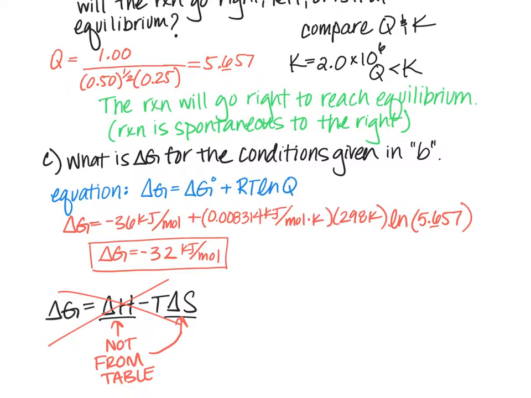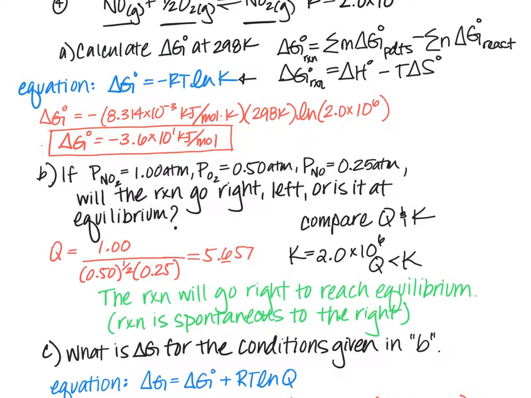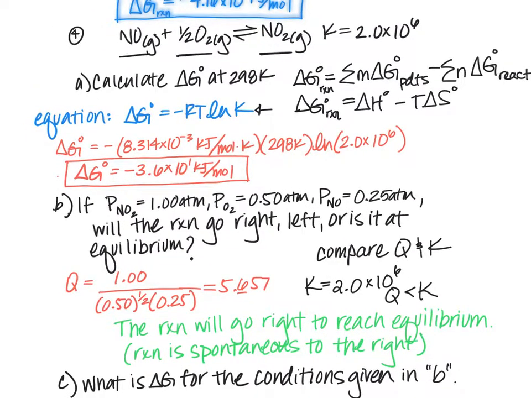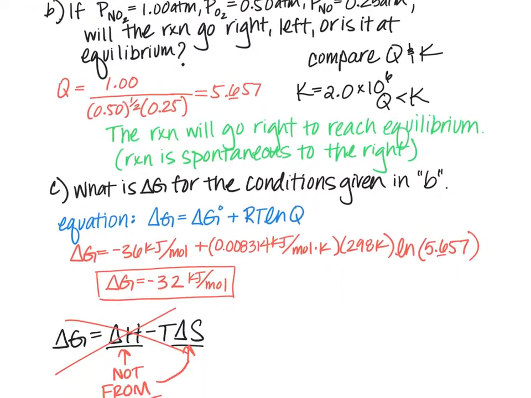I can scroll back down so you can see delta G naught for this equation is negative 3.6 times 10 to the first kilojoules per mole. And that again is at 298 Kelvin. Perfect. Okay, so I'm going to scroll back up.